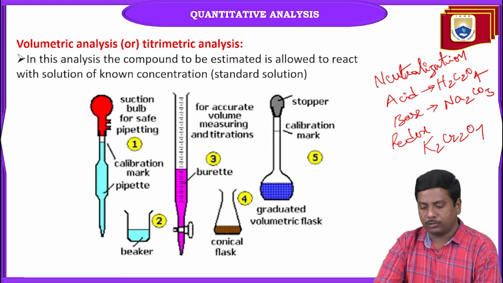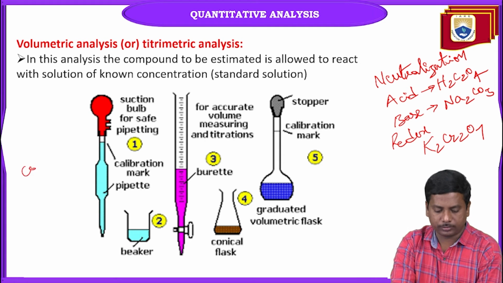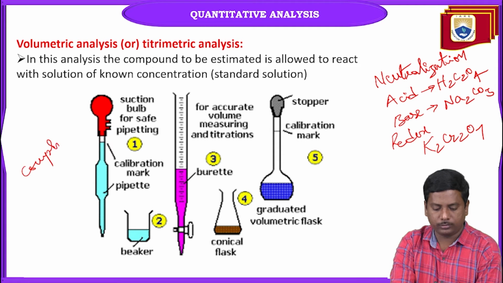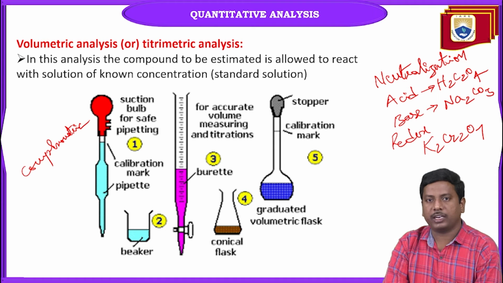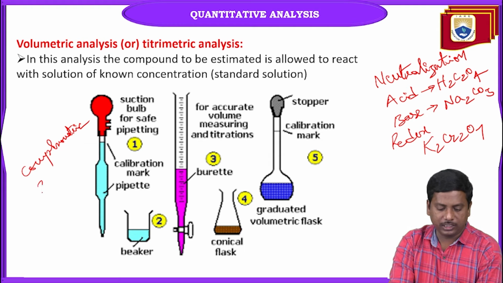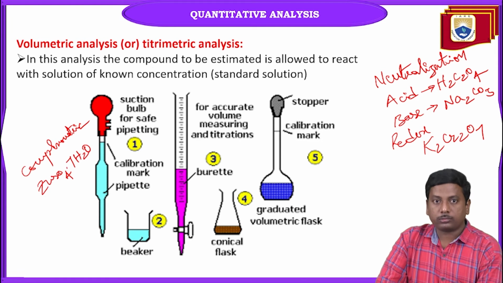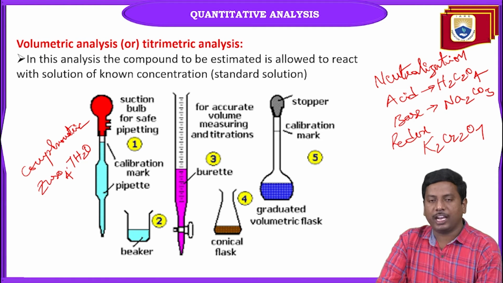Whereas in the case of complexometric reactions, the primary standard most probably used is zinc sulfate heptahydrate.